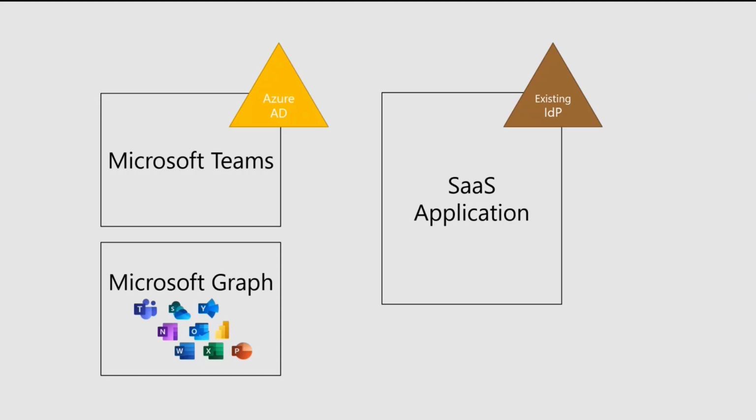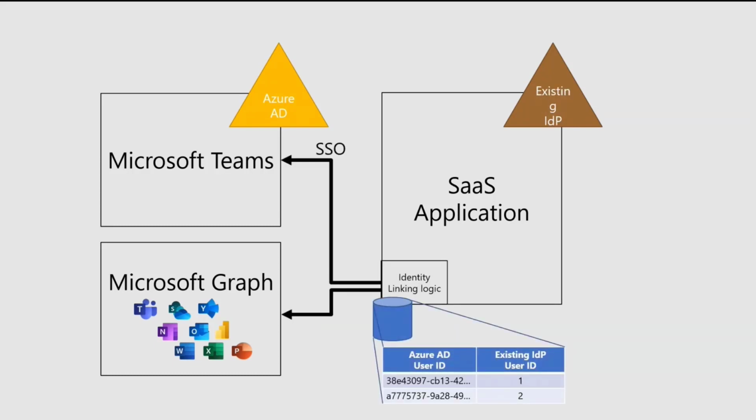The solution, generically, and it's going to be a little different for every application depending on how it's written, is to link these identities. You get the user to log in with Azure AD and the SaaS application's identity, so for some moment in time they're logged into both. Then you link the two identities in a database of some sort.